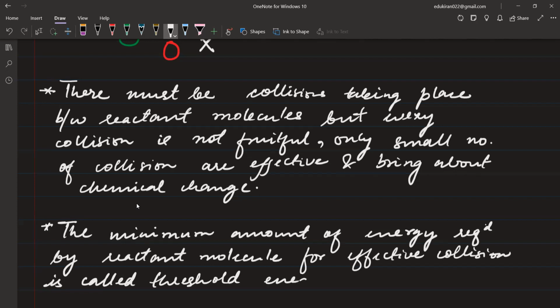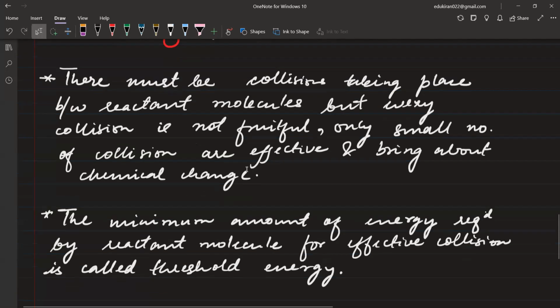That means if the energy is less than the said threshold energy, then the reaction will not take place. The energy of the reactant molecule should be either equal to threshold energy or more than threshold energy. So this was the point regarding the energy.